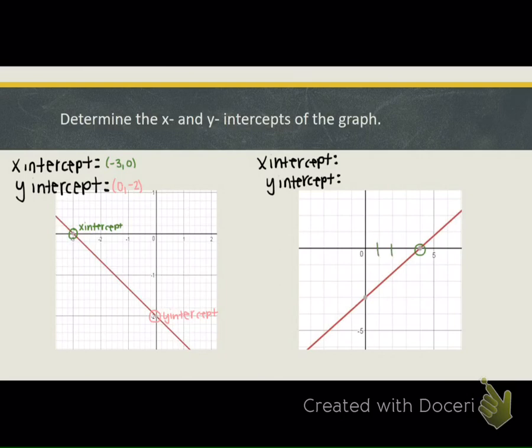Good, it's counting 1, 2, 3, 4, 5. So that's at 4, so this is 4, 0. Good job looking at the scaling on your graph. Riley, what's the y-intercept? 0, -3. Again, it's counting 1, 2, 3, 4, and 5. So this is -3 here, so that is 0, -3.